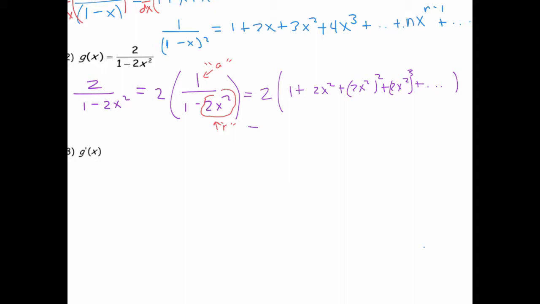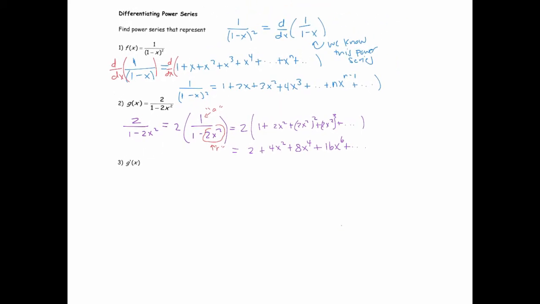So that becomes 2 plus 4x squared. So 2x squared squared becomes 4x to the 4th, times 2 would be 8x to the 4th. The next term would end up being 8x to the 6th, times 2 would be 16x to the 6th. So there's my power series for g of x.